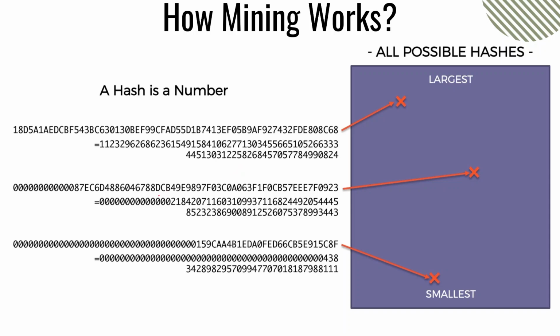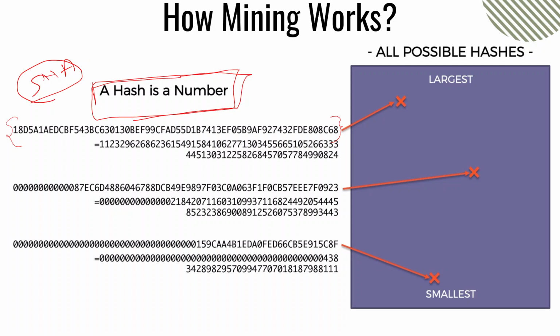Before that, let's agree on this particular line that a hash is a number. How? Let's see, this whole thing is a hash. As I said earlier, SHA is a hashing method, and it generates a hexadecimal number. And we all know that hexadecimal can be converted to a normal integer.